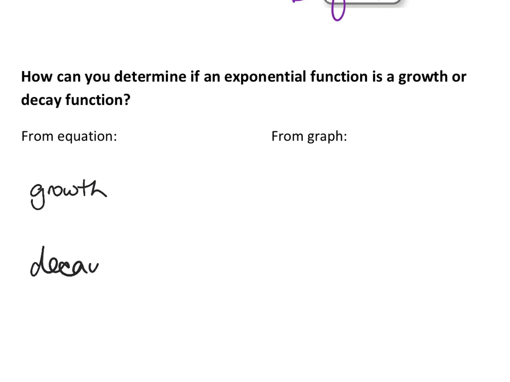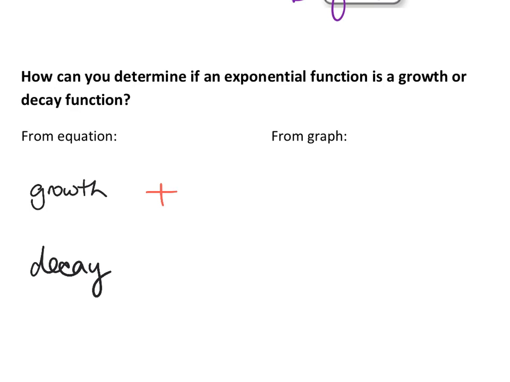For a growth equation, if we just see the equation, we don't see the graph, how might I be able to tell that it's growth? It has a plus sign in it. Or what's another way?